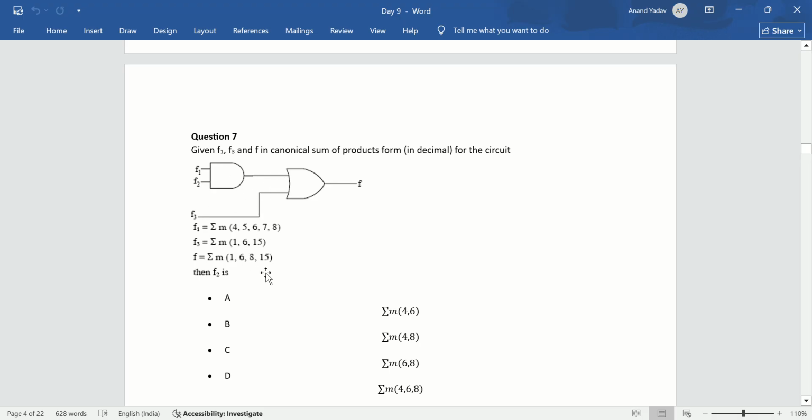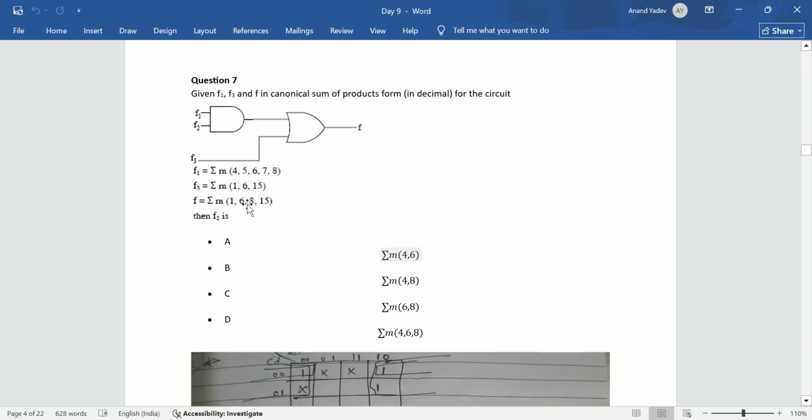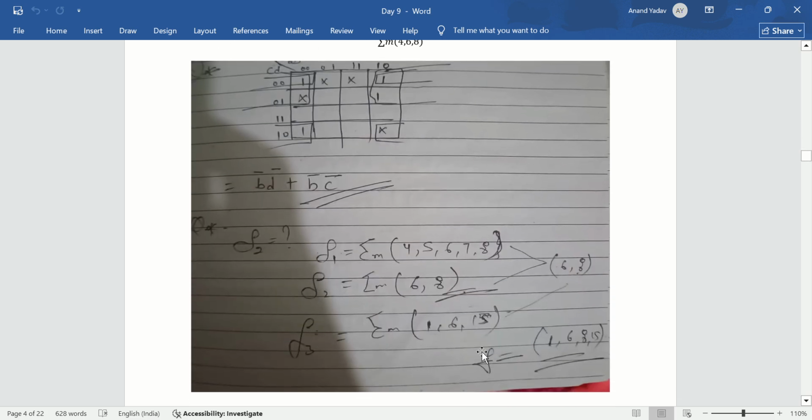So F3 contains 1, 6, 15, but 8 is not contained, so 8 should be present in the F1 and F2 operation. So it will ask for F2, and F2 will contain 8. So F2 may be B, C, D, but not 4. Here F2 does not contain 4. So not B, not D, only C is correct. So for this question I will solve in this way.